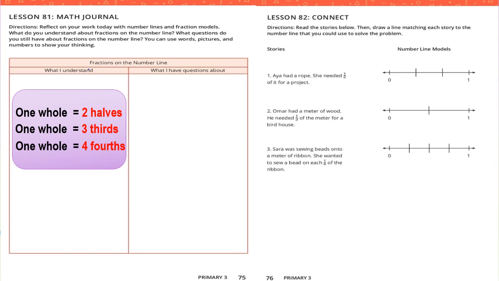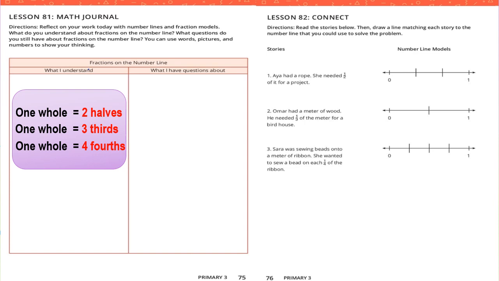Here we have 3 number lines. Which number line has 2 equal parts and 1 dash? The first, the second, or the third? Yes, the second has 2 equal parts. Step number 2, label each dash with a fraction by using the denominator 2.